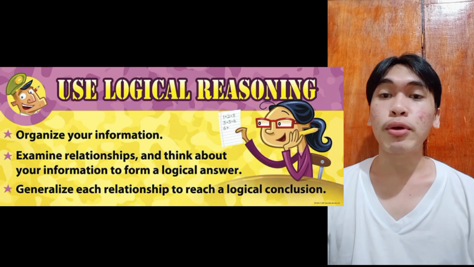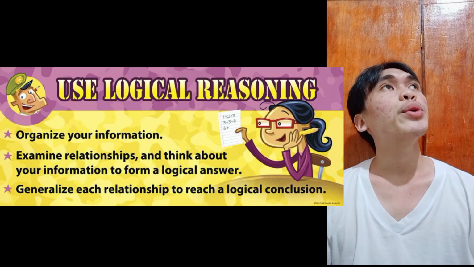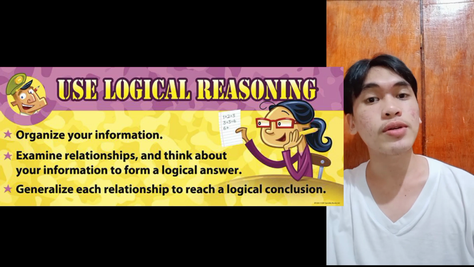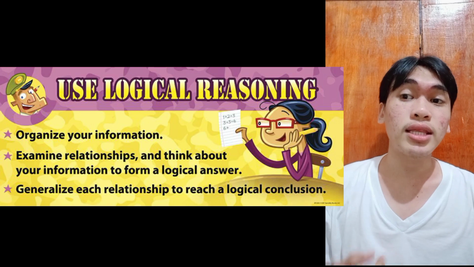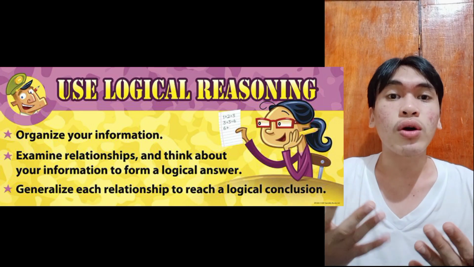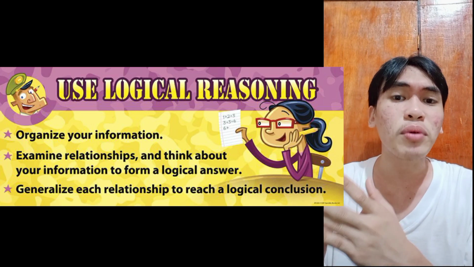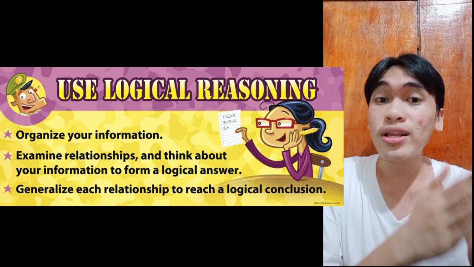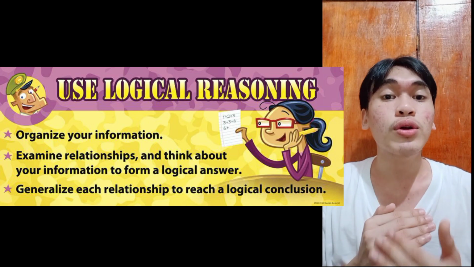Okay, number four, use logical reasoning. It is related to guess and check, but logical reasoning is the combination of guess and check and making a table to find the rightful procedure to use.